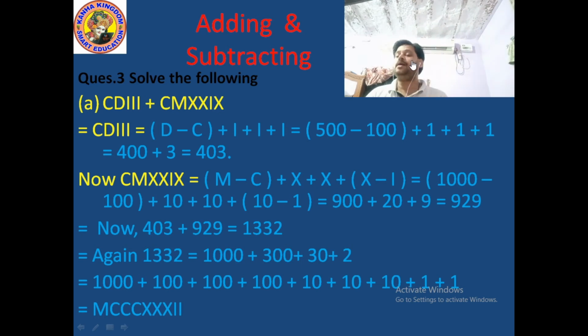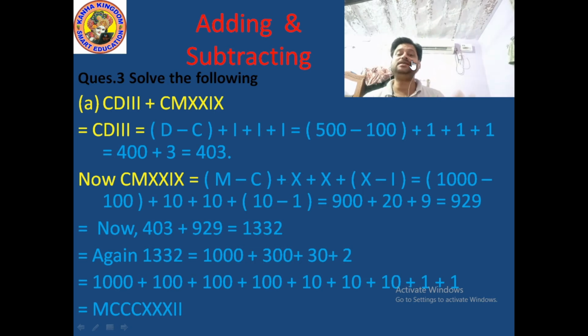You make a bracket and write D minus C, bracket close, plus I plus I plus I. D equals 500, C equals 100 and I equals 1. So 500 minus 100 equals 400. 400 plus 1 plus 1 plus 1 equals 403. Clear? Now move to the second part.